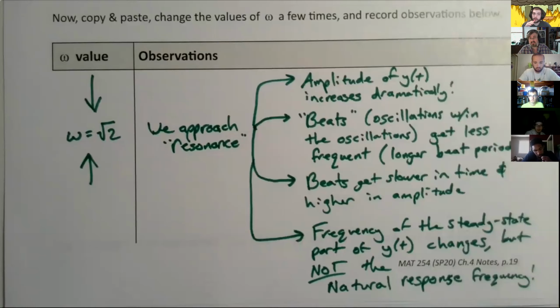Now, because this is a mathematical world that we're living in, the only way you can get infinite amplitude increase is by being at the natural frequency for your forcing function. But of course, there is literally no chance of that happening by changing the frequency manually.